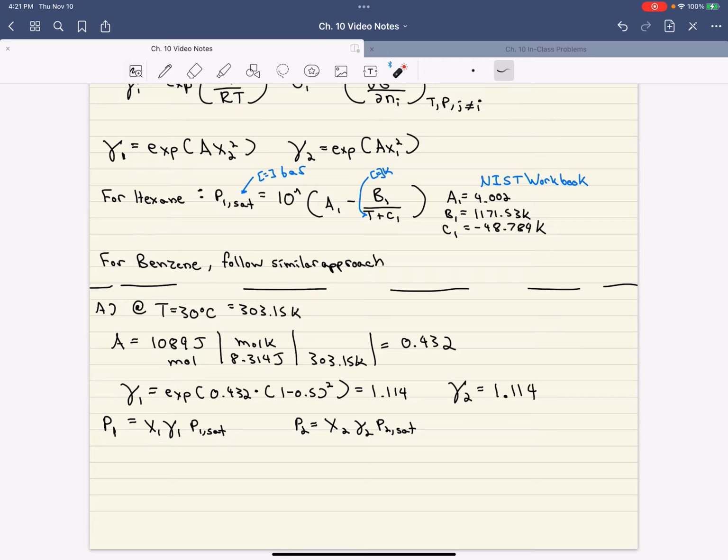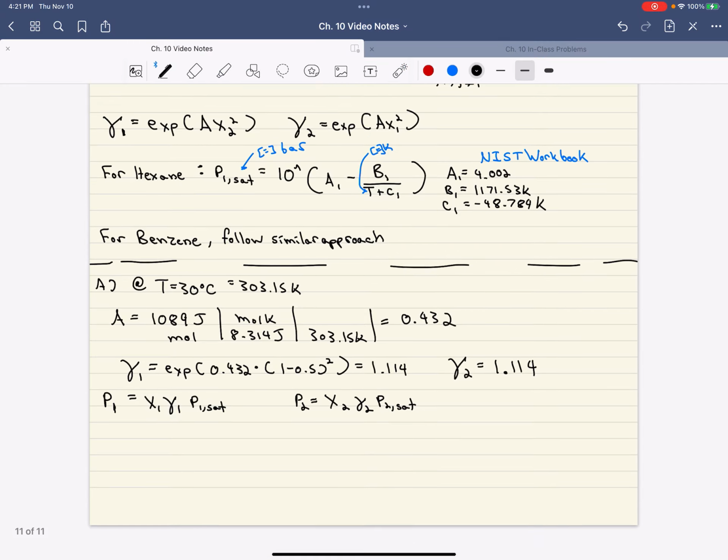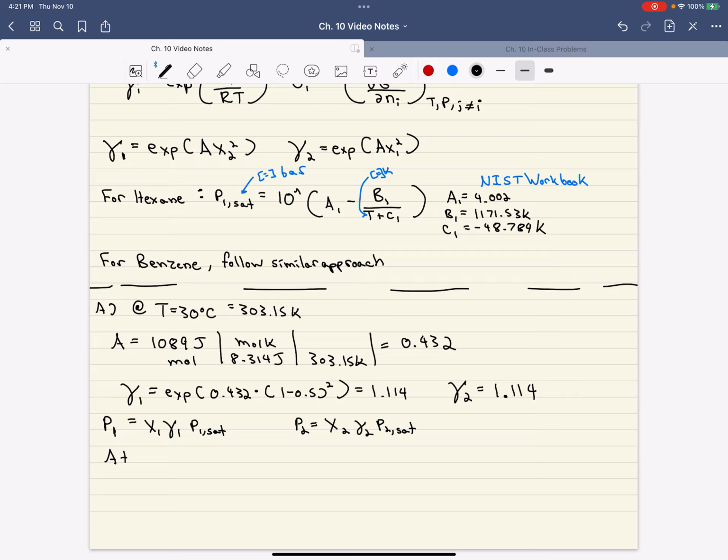So essentially, in the liquid mixture, the species don't like each other, so they would rather be in the vapor phase than in the liquid phase. And so as a result, the effective partial pressures in the vapor phase are larger. Okay? All right, and so to be more quantitative, we could carry out this calculation. At 30 degrees Celsius, we calculate P1 sat and P2 sat.